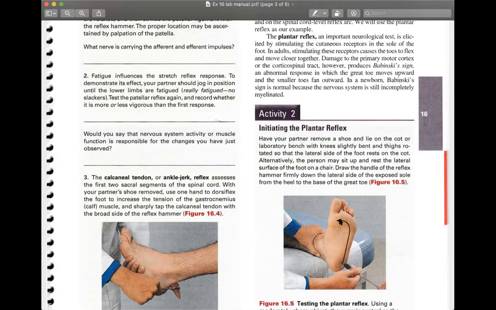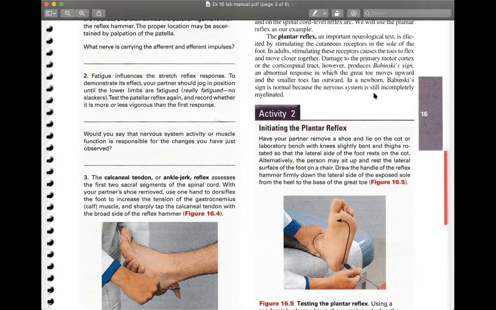One time he would have the normal response for babies, where the toes flared out, and then the next time he'd have the normal response for adults, where the toes would flex. So it was kind of going back and forth as his corticospinal tract was getting fully myelinated. But this is something that is typically done in kids.